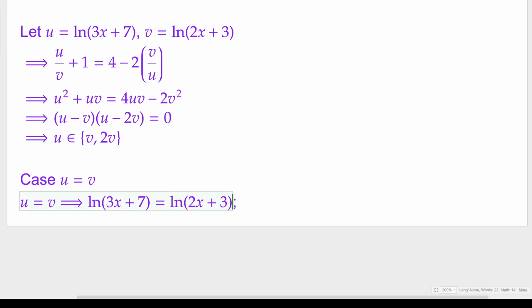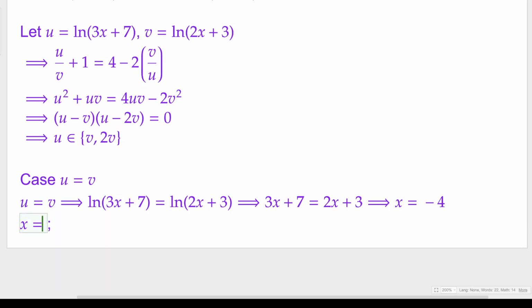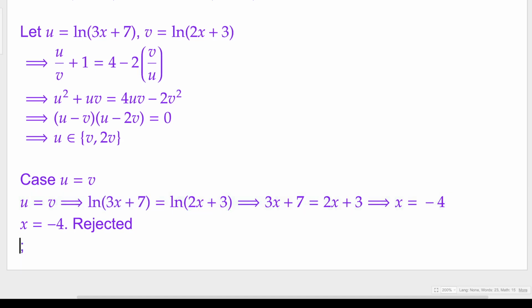So if that is the case, then by comparison we can easily figure out the value, that is 3x plus 7 is equal to 2x plus 3, and from this we can clearly say that x will be negative 4, and this x equal to negative 4 has to be rejected because it will invalidate the domain, right. On substitution of this number, the logarithmic function will become undefined. So hence this x equal to negative 4 has to be rejected.